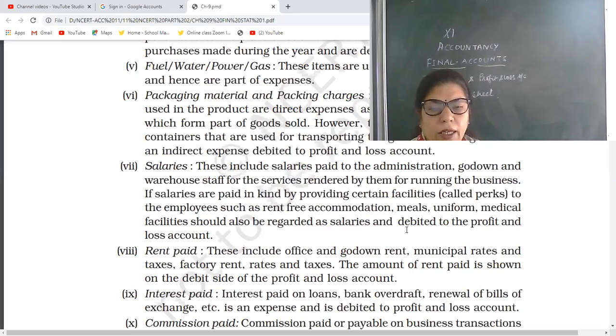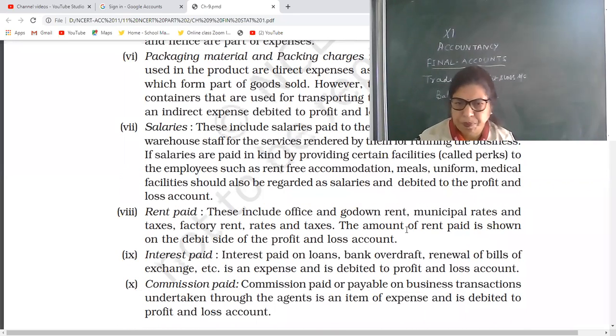Yes, good. Now rent paid. If rent paid is of factory or production premises, then it will be termed as direct expenses and shown in trading account. Otherwise, if it is not clearly mentioned, then it will be treated as indirect expenses and shown on the debit side of profit and loss account.